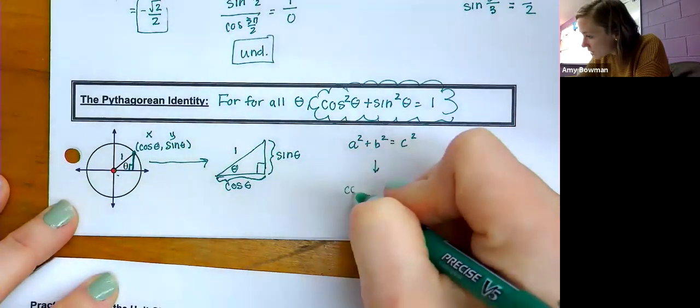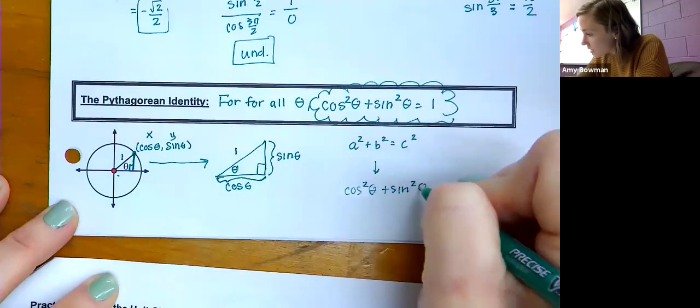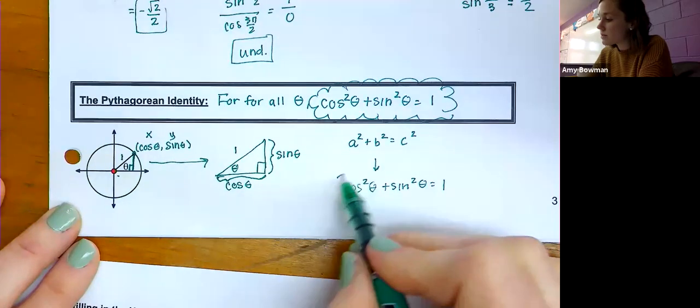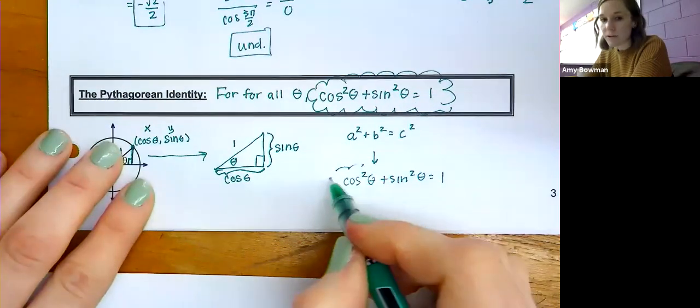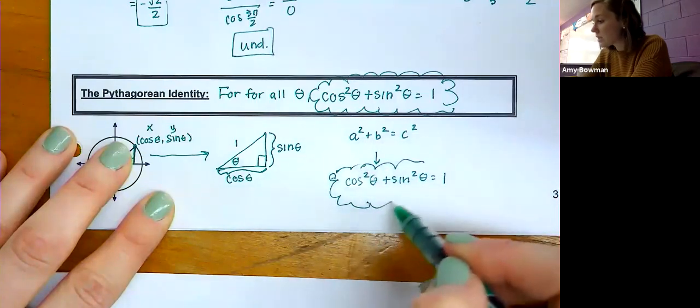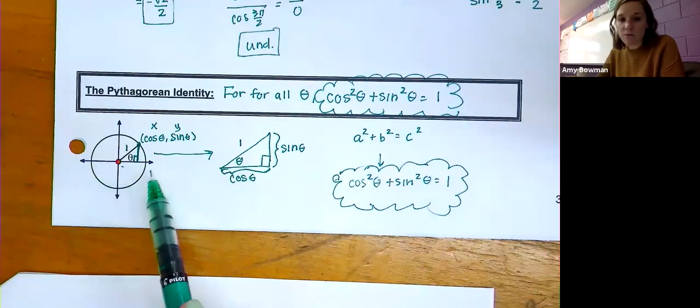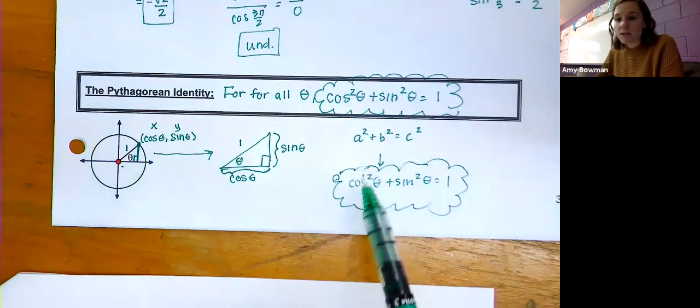So that's cosine squared theta plus sine squared theta equals 1. The Pythagorean identity is an application of the Pythagorean theorem to any right triangle formed on the unit circle.